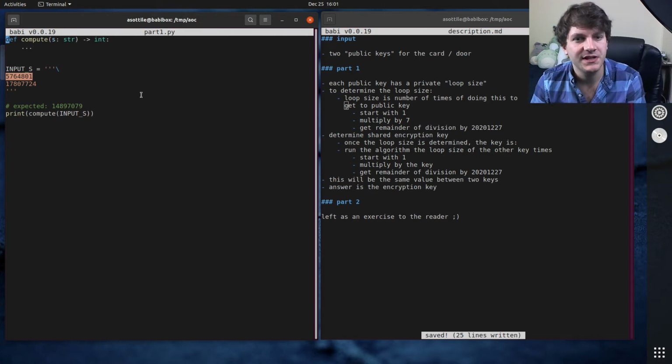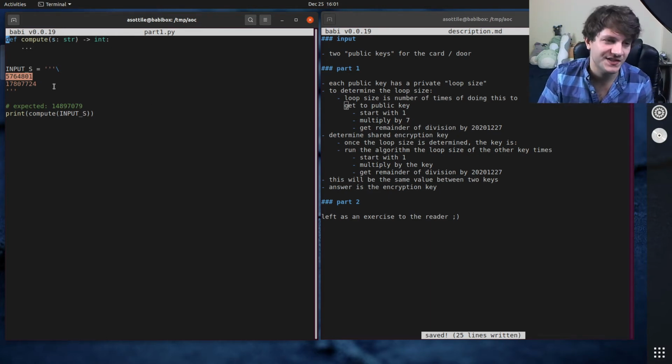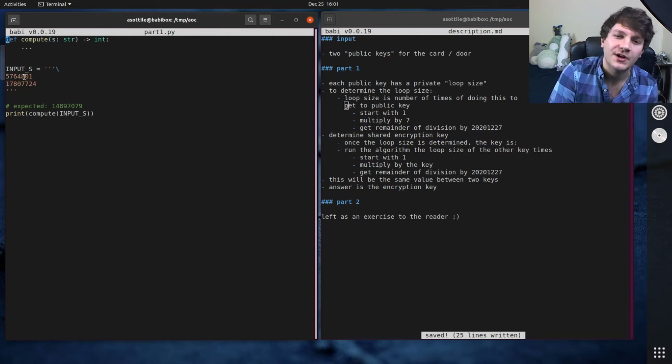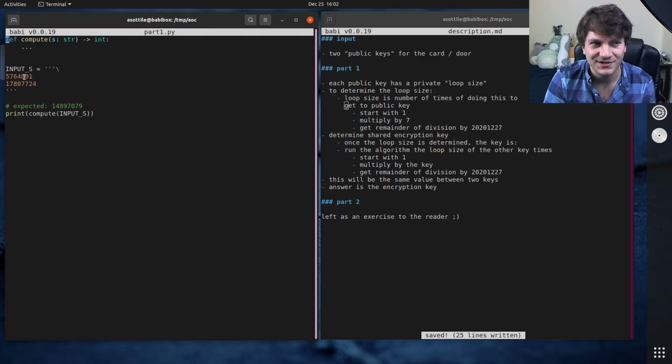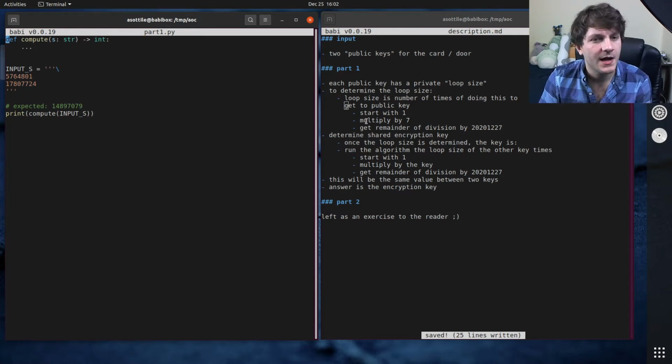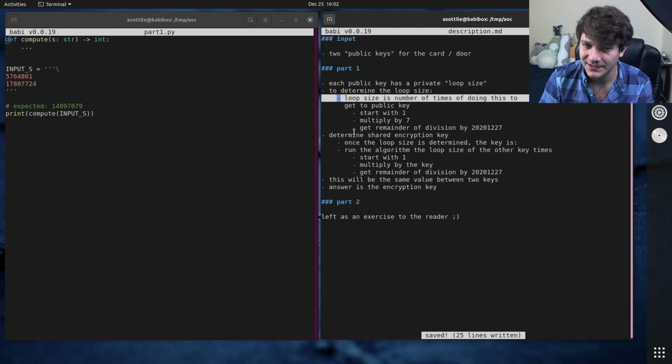The first step is to figure out the secret loop size for each of these 2 public keys. So we're implementing something that looks very similar to public key cryptography. Usually the secrets are secret and there isn't a way to determine them, but for this we're breaking that. The loop size is the number of times it takes to do the following loop.